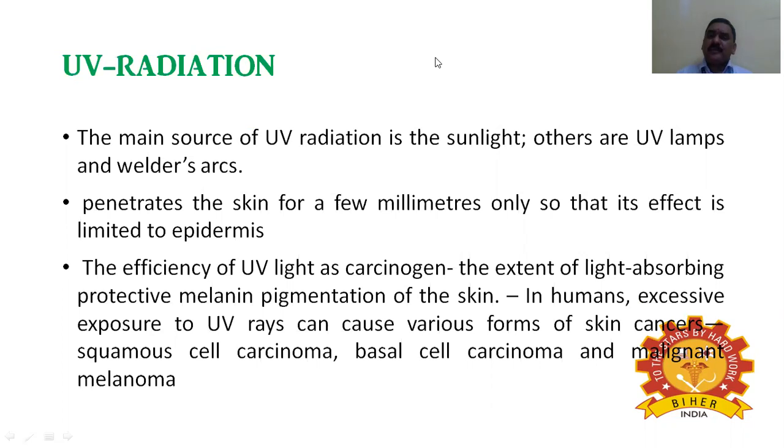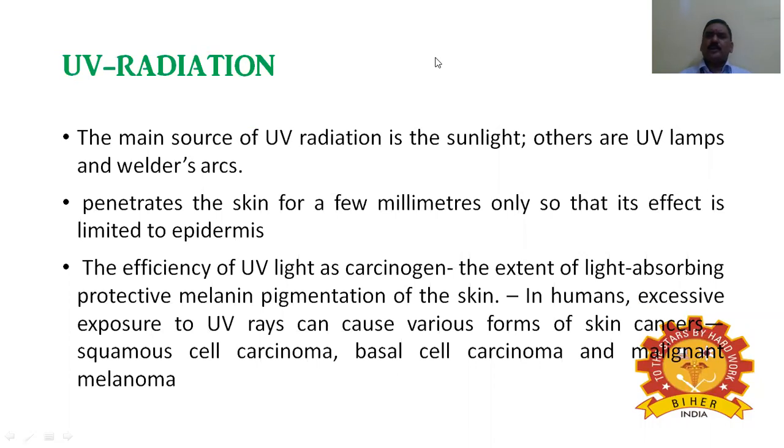It penetrates the skin for a few millimeters, so its effect is limited to the epidermis. The efficiency of ultraviolet light as a carcinogen depends on the extent of light-absorbing, protective melanin pigmentation of the humans.